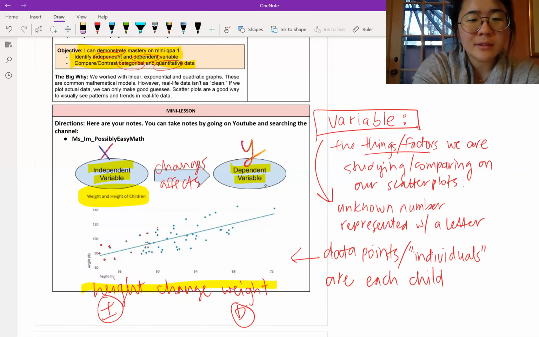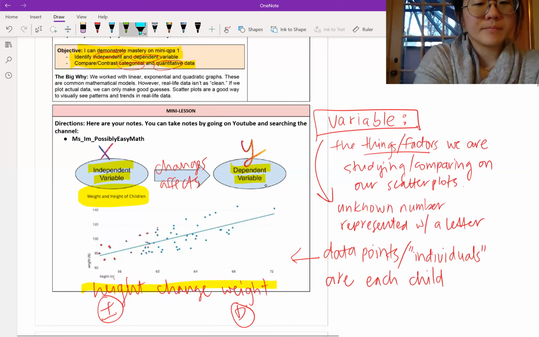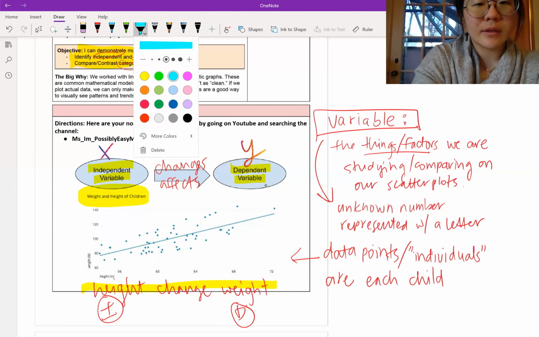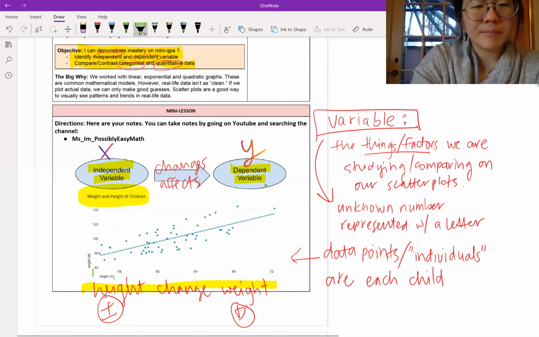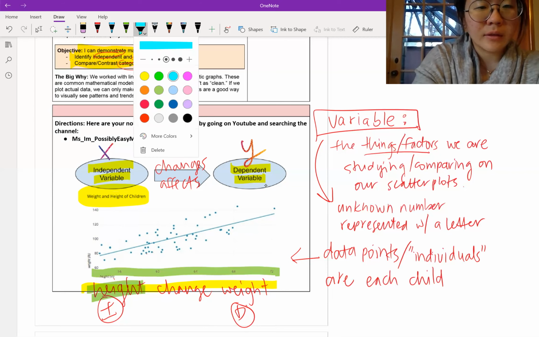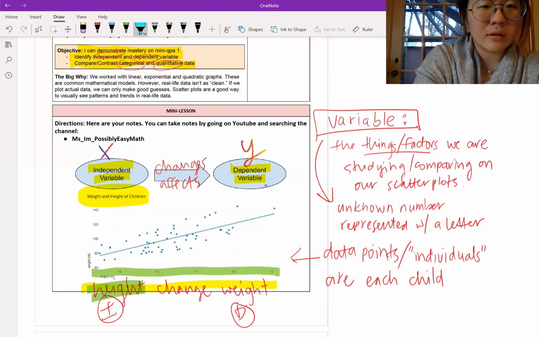So when I'm asking, let me make that a little bit prettier. When I'm asking for the independent variable, let me make that green again. I'm talking about height, right? And when I'm talking about my dependent variable, it's going to be on the y, right?